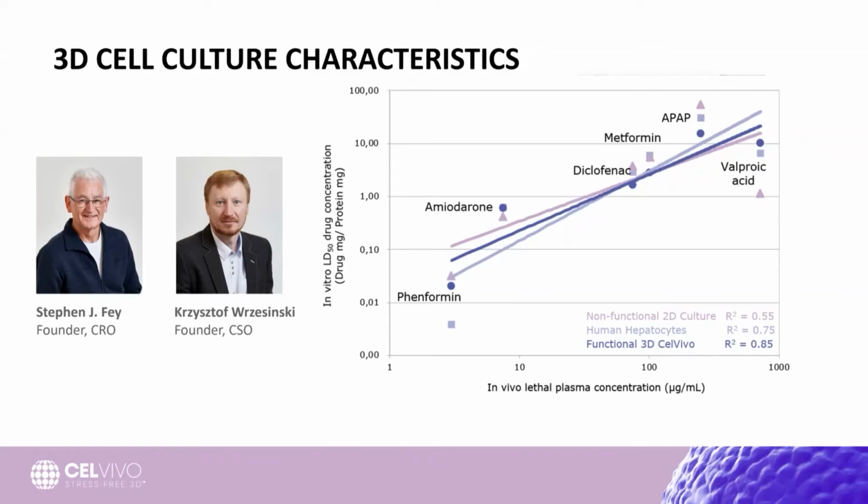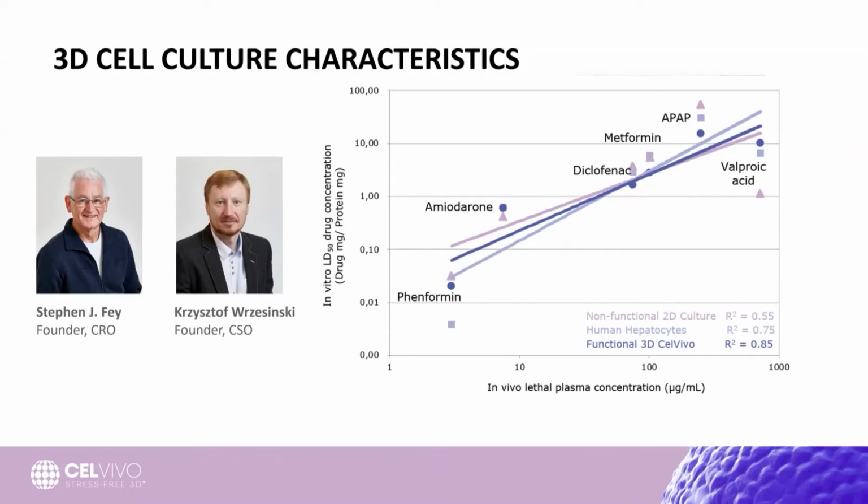And you can see the correlation is 0.75. What is interesting is that when you use a 3D model, and it doesn't necessarily have to be from primary cells, but it has to be mature, you actually get an equally good correlation. So it appears that a 3D model is equally as good as primary hepatocytes, the golden standard, at predicting toxicity.